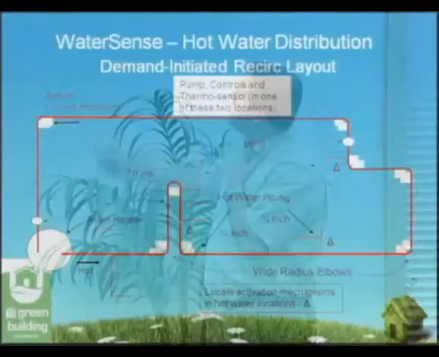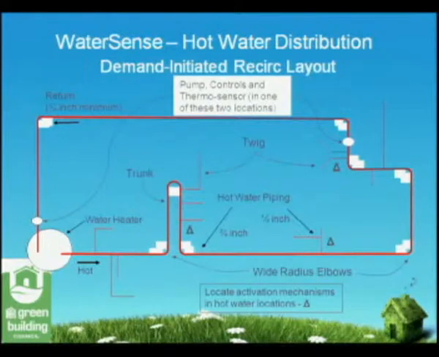This is the demand-initiated recirc. This is the layout that we chose to do. Basically, what we've created is kind of the circular pattern in the home where we have a main trunk line of pipe being no greater than 10 feet from any faucet fixture in the house.